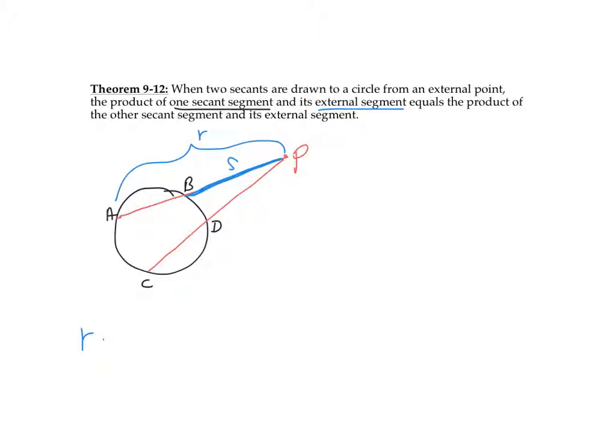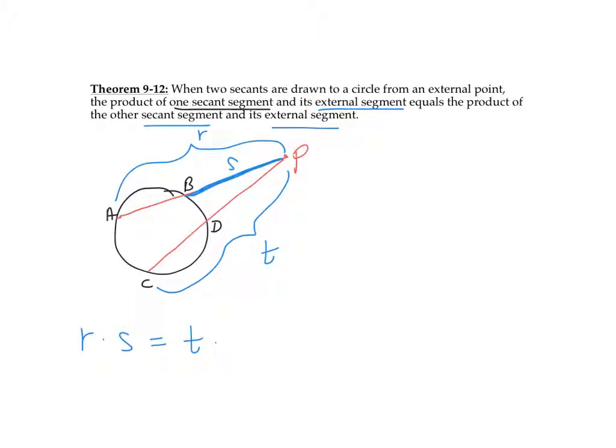So we're going to take R times S, so whole secant segment times external segment is equal to the product of the other secant segment, so that's this whole secant, which we'll call T, times its external segment. So whole secant times the external piece.